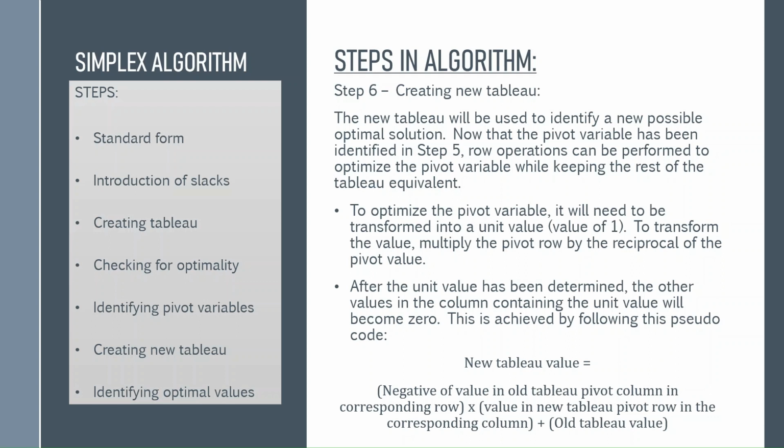The value in the new table is equal to negative of value in old table pivot column in corresponding row of the new value that is being found, multiplied with value in new table pivot row in the corresponding column of the value that is being found in the new table plus old value. This will be discussed in further detail using an example.